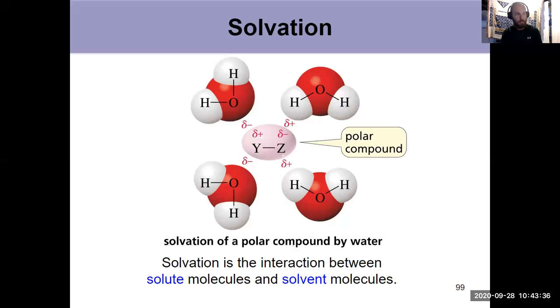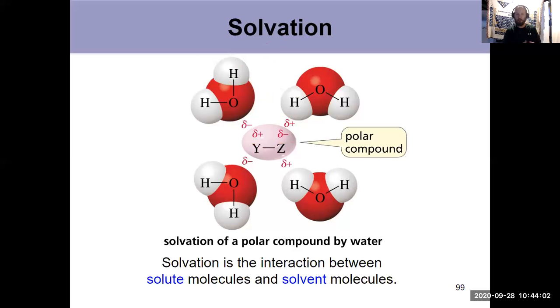Okay, but if this polar compound in here was actually a nonpolar compound like an alkane, it wouldn't be able to interact with those partial charges, and it would actually interrupt the water molecules themselves in the solvent trying to interact with one another. It would interrupt that hydrogen bonding in water. So that's why we don't see nonpolar compounds dissolve in polar solvents, because it reaches a higher energy.